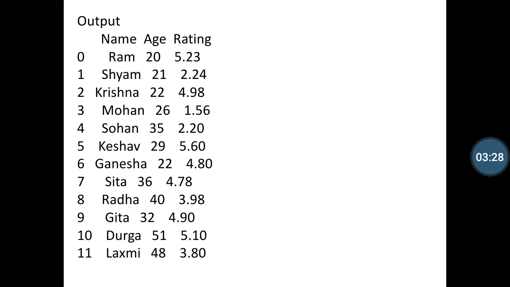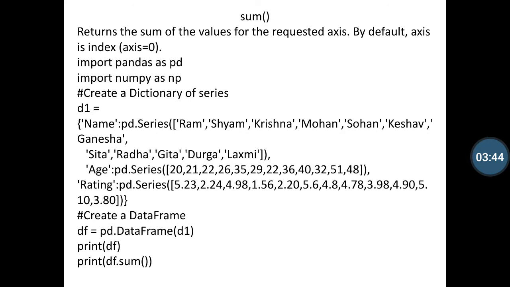You can notice that the output is created, an index column is created, the total number of rows is 12, and the name values are also defined in the slide, and the corresponding age and rating are also defined.